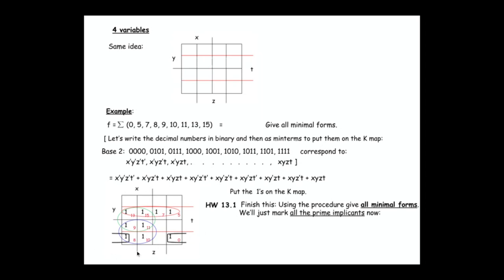I just wanted you to show me the big ones first. And the follow-up question: could I cover this single one in another way that is still equivalent in function, but will not be prime?